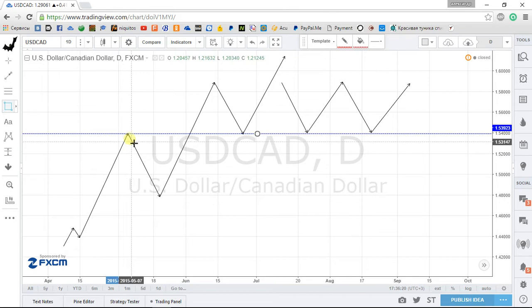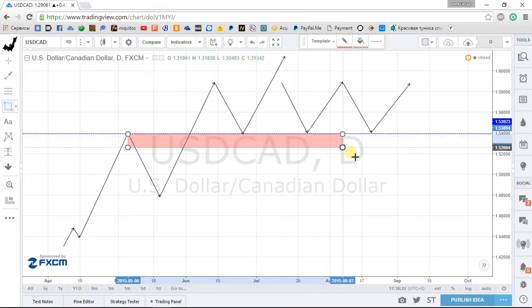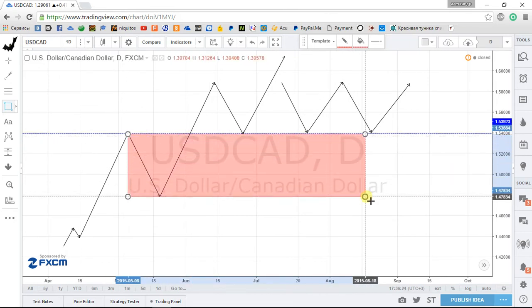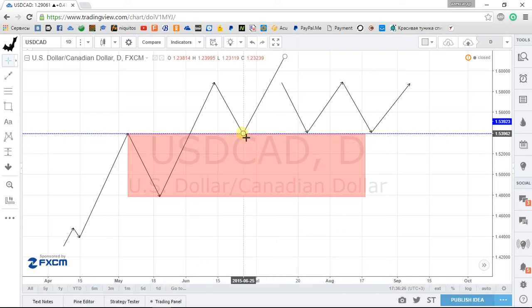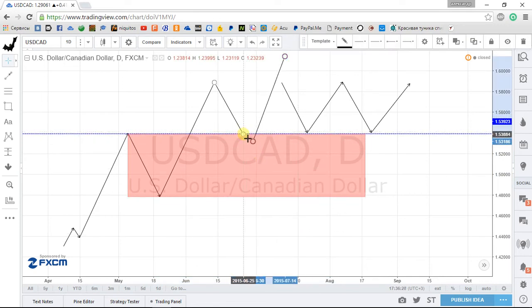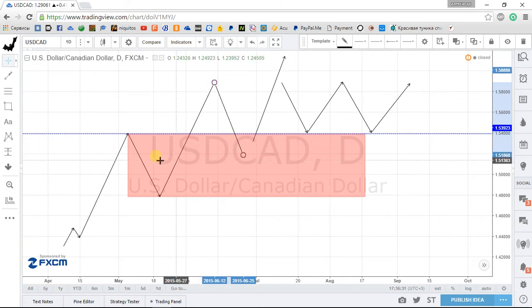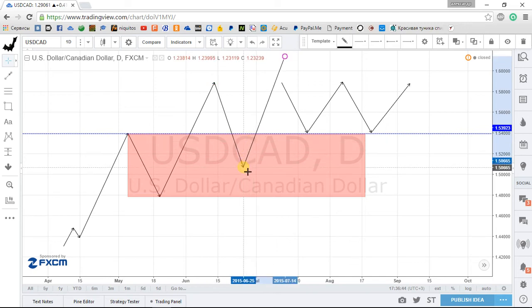So if you are looking for a buy, it will be this zone, not exactly this level, but this zone, because this was the period when the market was going opposite. So somewhere within this zone the market will go opposite than it is going right now.